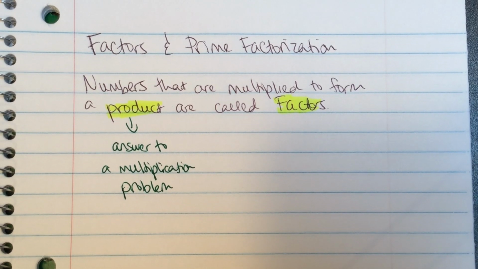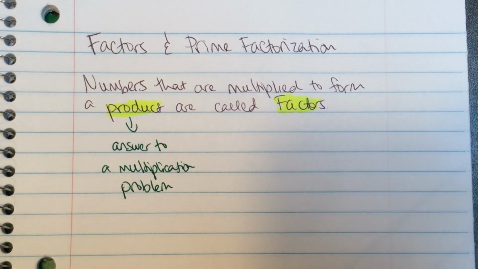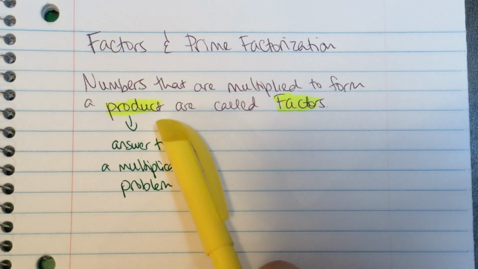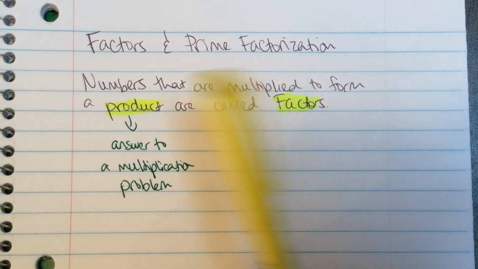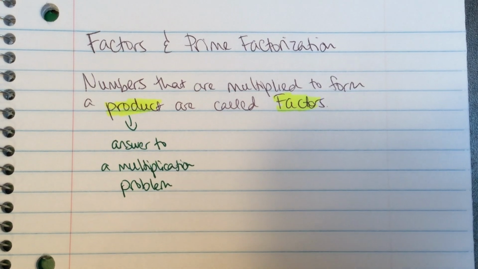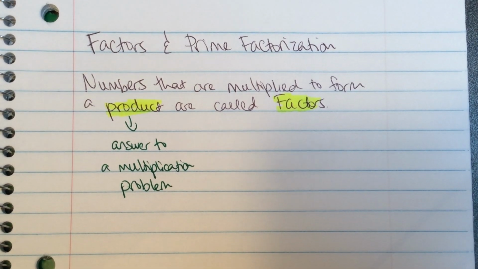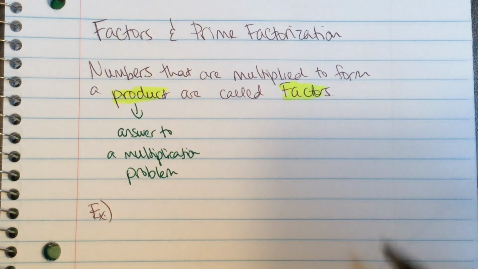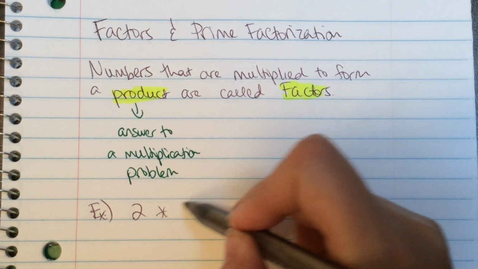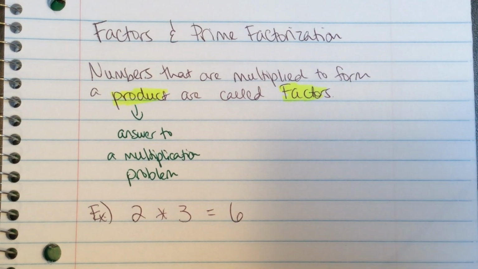So we have two words here that are possibly new, I don't know. Product, which is the answer to a multiplication problem. And then we have factors, which is what we're talking about today. So when you take two numbers and multiply them together, let's do an example here. Let's just say 2 times 3 equals 6.